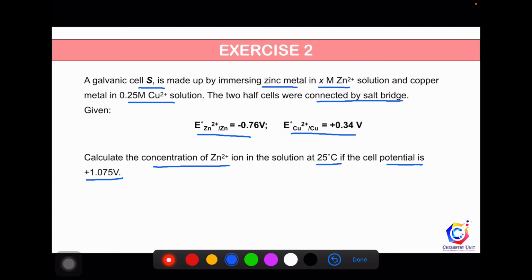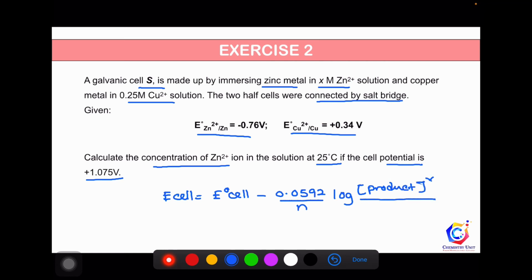So the simplified Nernst equation would be E cell equals to E naught cell minus 0.0592 divided by N multiplied by log concentration of products raised to its power divided by the concentration of reactants raised to its power. Now let's look at how to answer this question.